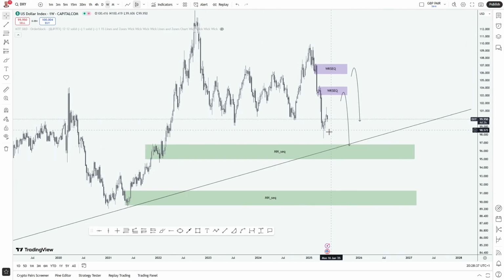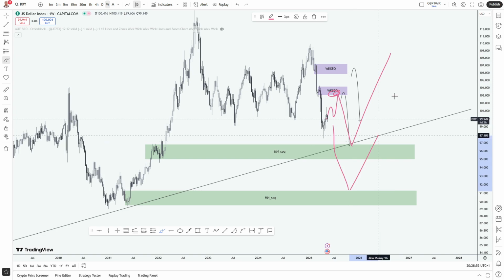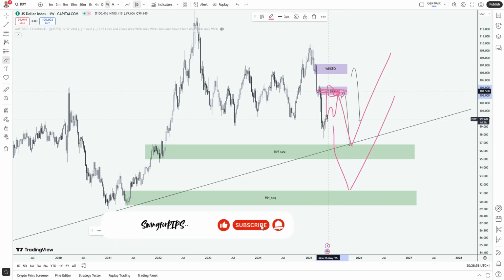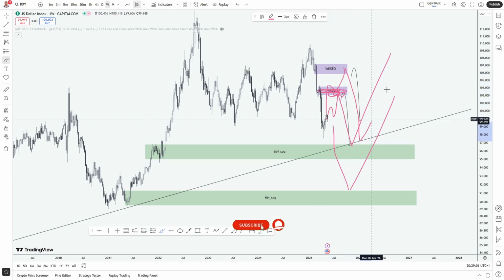What we expect price to do is probably go all the way to this weekly supply zone, then come to the monthly demand zone and realign to the monthly. It will either continue upwards or come down all the way here and continue upward. Or it can decide to come all the way here, eliminate this supply zone, come down, and continue going up.